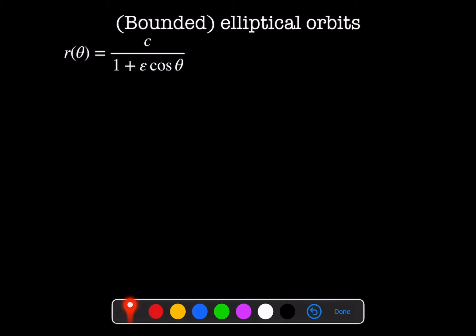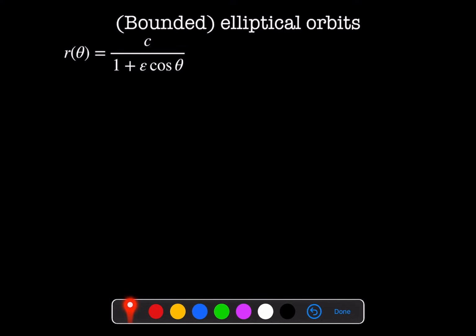The equation for the shape of my orbit is R as a function of theta is C divided by 1 plus epsilon cosine theta. Let's just have a look at what happens when we vary epsilon. Cosine theta ranges between -1 and 1. When epsilon is less than 1, this term always remains positive.